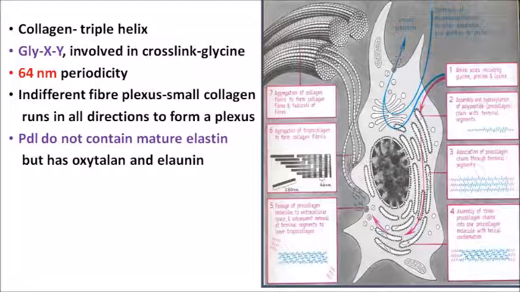And they form a pro-collagen chain, or the amino acids combine to form a polypeptide chain. Then this pro-collagen molecule is formed by the triple helical conformation of 3 pro-collagen chains. We told already it's a triple helix. So the amino acids are arranged together to form a pro-collagen chain. 3 pro-collagen chains are arranged in a triple helix to form a pro-collagen molecule.